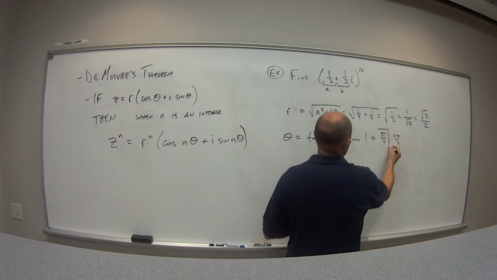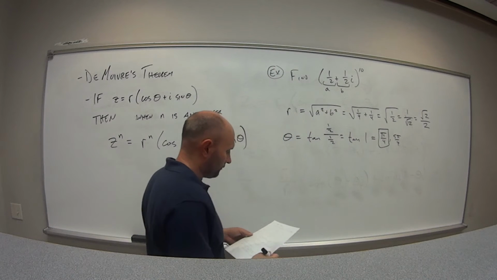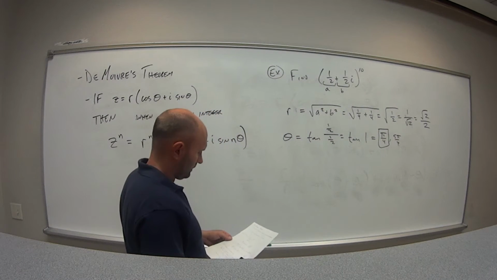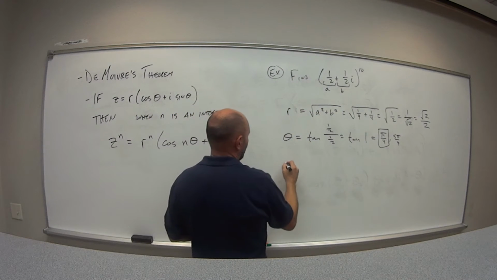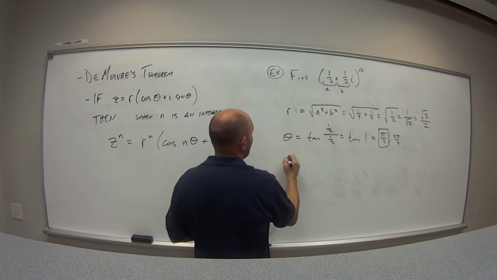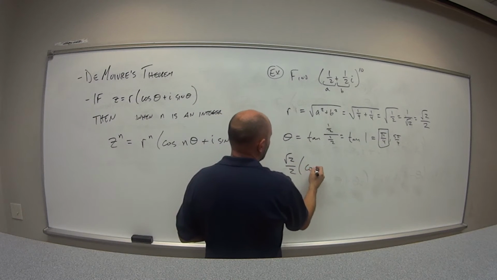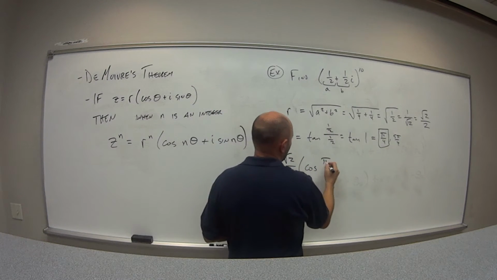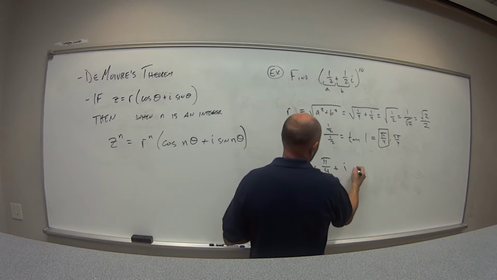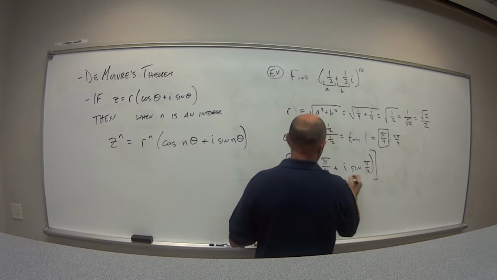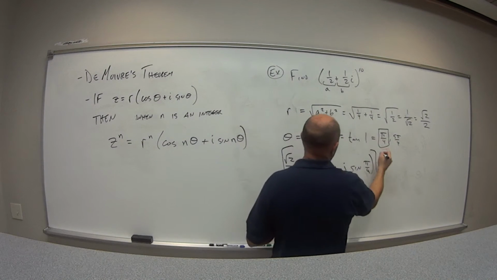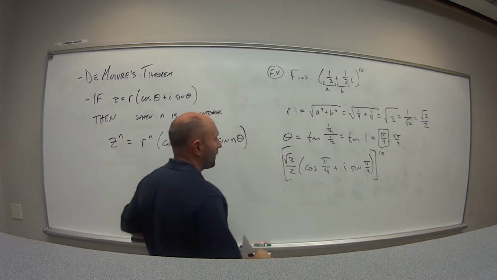So theta is pi over 4. So I can rewrite our original in polar form as square root of 2 over 2 times cosine of pi over 4 plus i sine of pi over 4, and I want this whole thing taken to the 10th power.